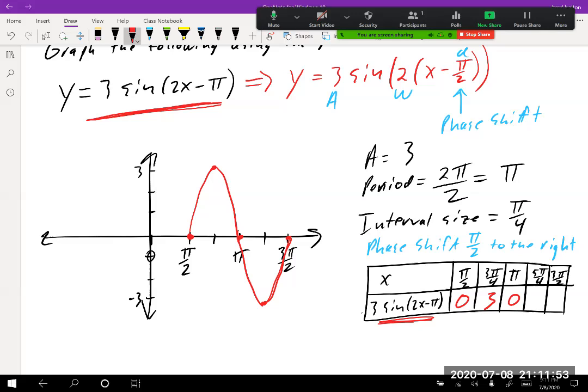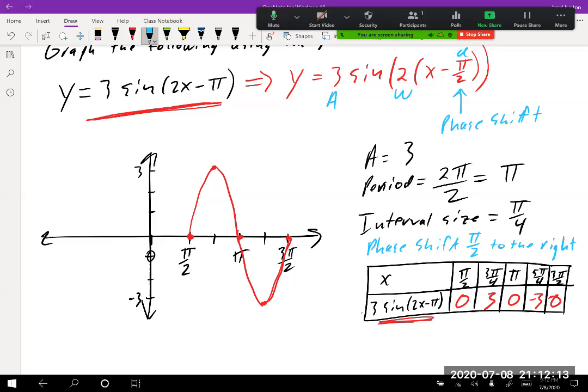Oh, there you go, I forgot to subtract pi. 5 pi halves minus pi would be 3 pi halves, and the sine of 3 pi halves is -1. -1 times 3 is -3. And then 3 pi halves times 2 would be 3 pi, minus pi, would be 2 pi. So the sine of 2 pi is 0.